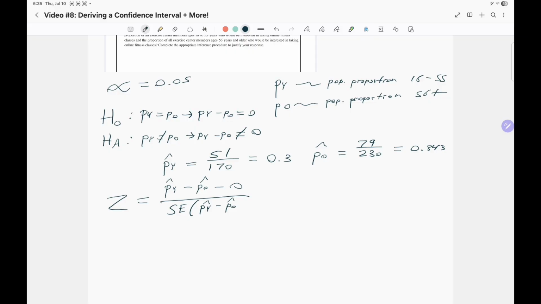At first, when I did this during my first take, I thought, let me just plug this into the standard error equation for one population, or one sample, sorry. But no, that's not right. To make sense of how we find this, let's start out by how we would find the variance of this difference here.